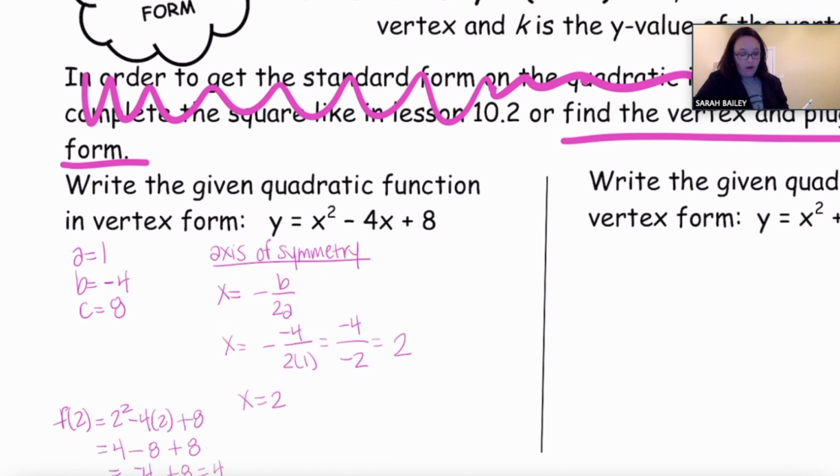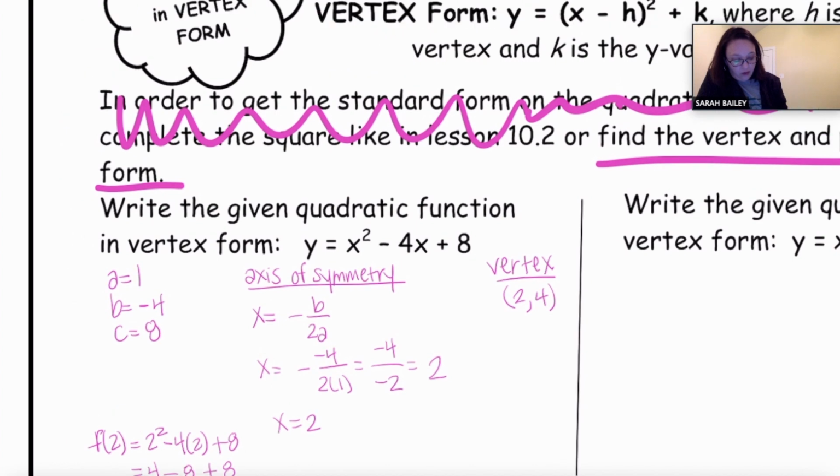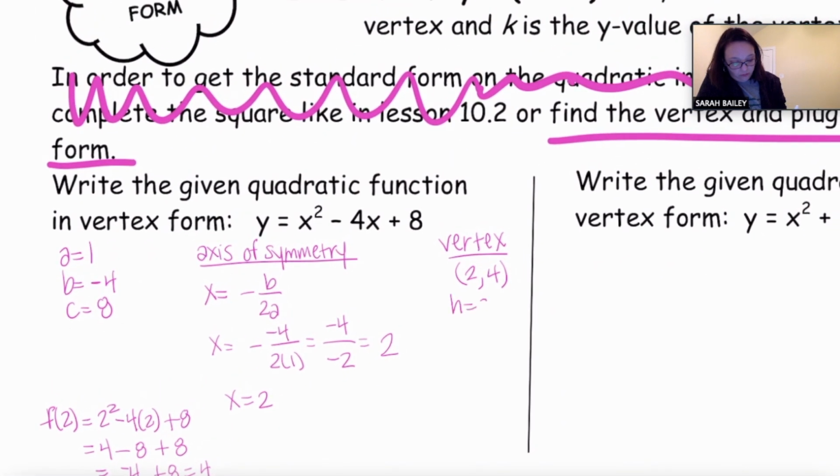All right, so now we know the vertex: the x-coordinate of the vertex is 2, the y-coordinate of the vertex is 4. So you just found your h and your k. h is 2, k is 4, we're almost done.